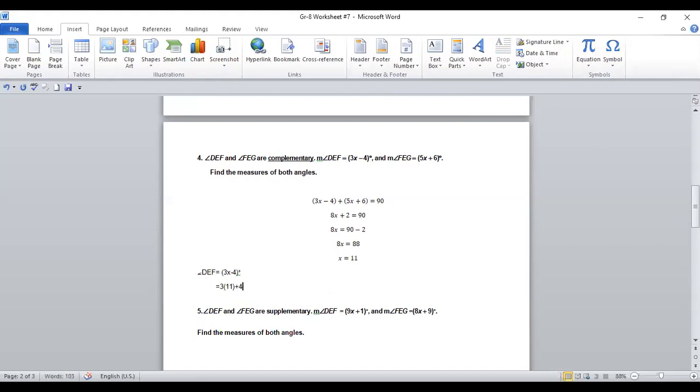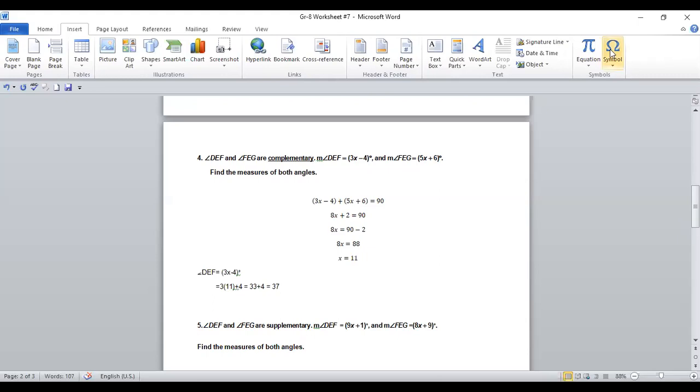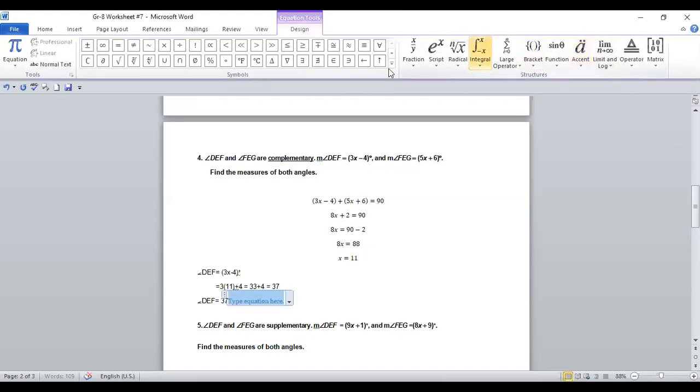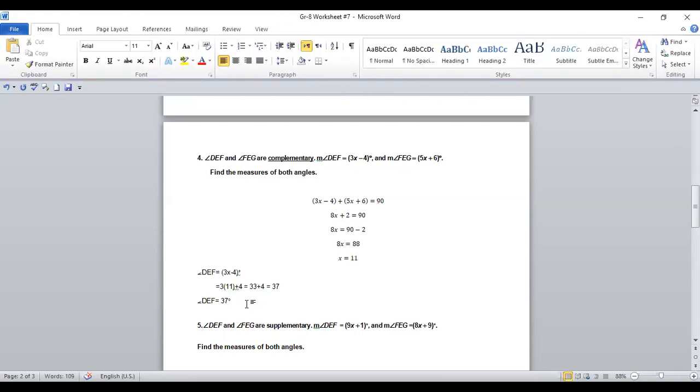So 3 11s are going to give you 33 plus 4 is going to give you 37. So which means angle DEF is going to be 37 degrees. Okay, now we have found angle DEF.